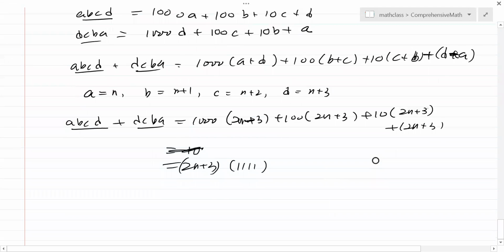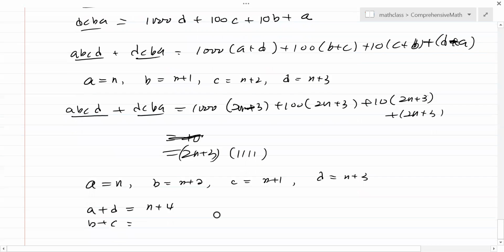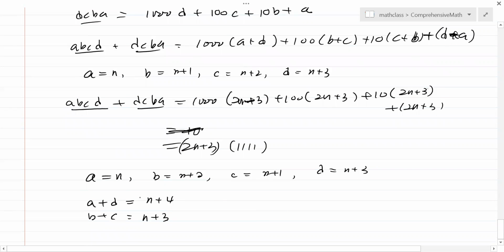Let's check that, okay? So we assume that, let's say A equals N, B equals N plus 2, C equals N plus 1, D equals N plus 3. Now let's see, A plus D is N plus 4. And then B plus C, wait a minute, A plus B plus C. It's not working. B plus C is going to be N plus 3, and the 2N plus 3.